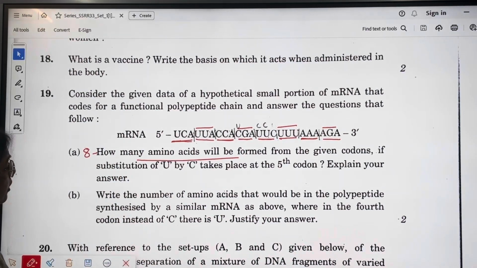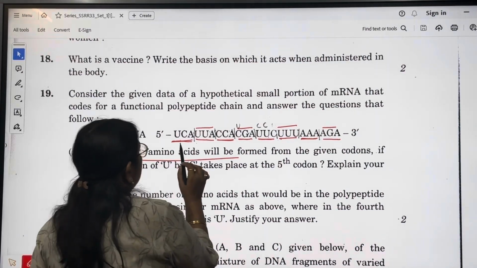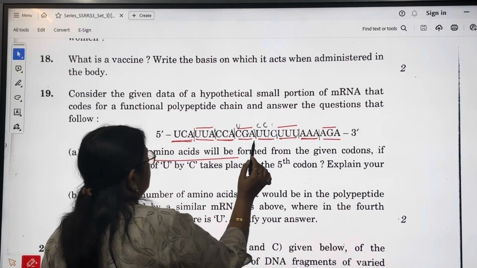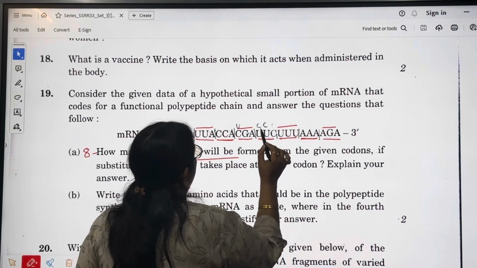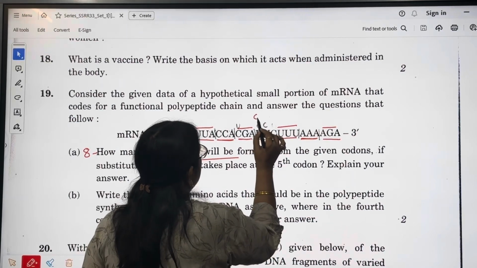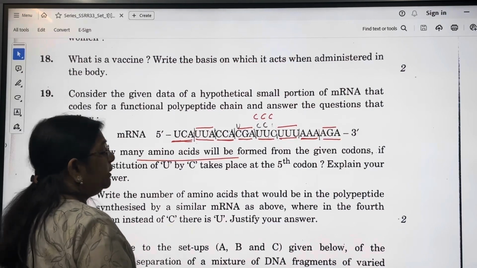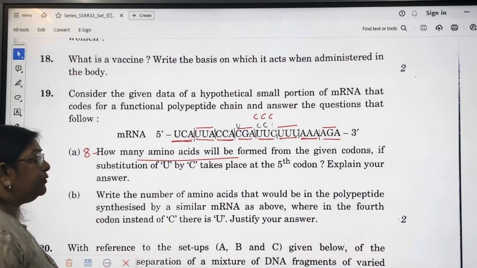If substitution of U by C takes place at the 5th codon, first codon, second, third, fourth, fifth. Here, if the U is substituted by C, it means now the codon will be C, C, C. Explain your answer. There will be no effect. 8 amino acids will be formed. Why?